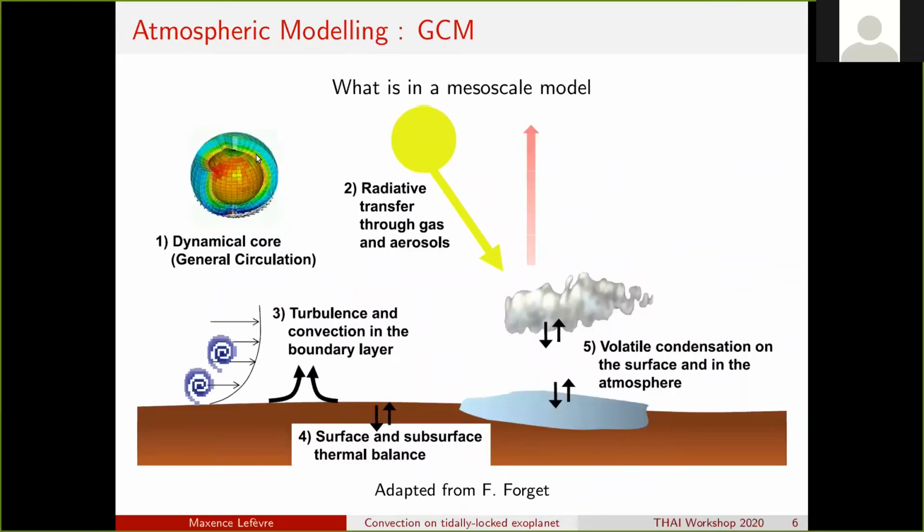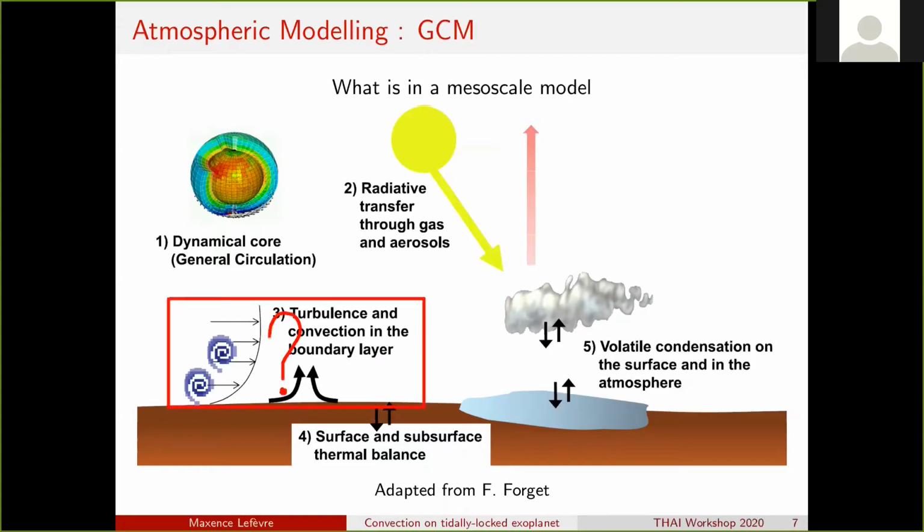In a GCM, you have the dynamical core, the radiative transfer, a macrophysical model, and, as the grid size of a typical GCM is about 100 kilometers, you have a subgrid parameterization of the turbulence and the convection.